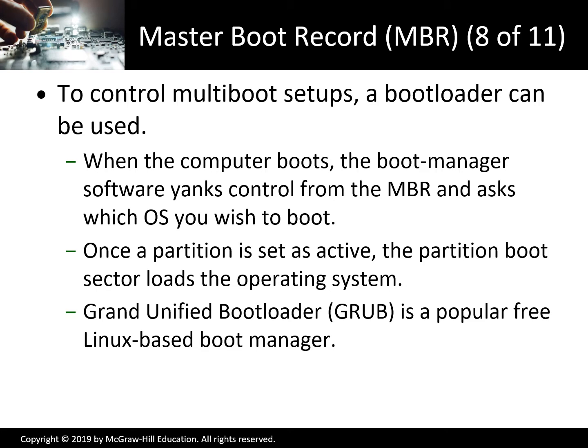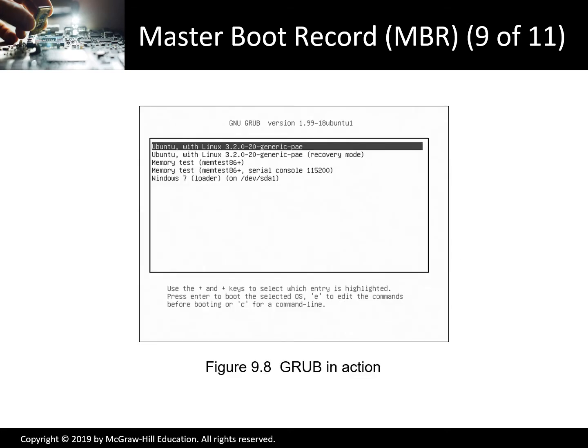To control this, the boot manager software takes control from the MBR and asks you which one you want to boot. Once you set that as active, then this gadget called the Grand Unified Bootloader, the GRUB, will let you install it. There we go. Here's a picture of a bunch of these things installed.